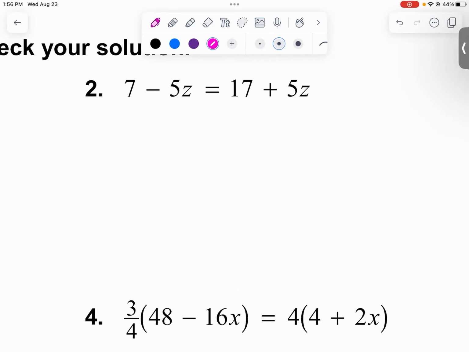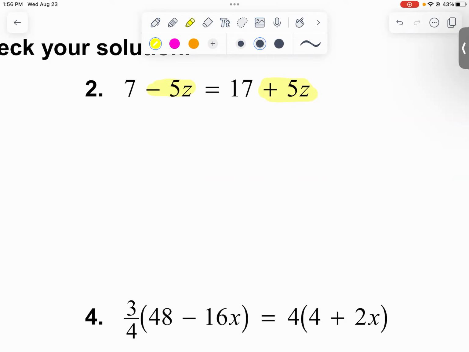Is there anything that we need to distribute? No. Are there any combined like terms that we need to do? No, but we are presented with the fact that we have variables on both sides. So we need to pick one side for our variables and one side for our constants, okay?